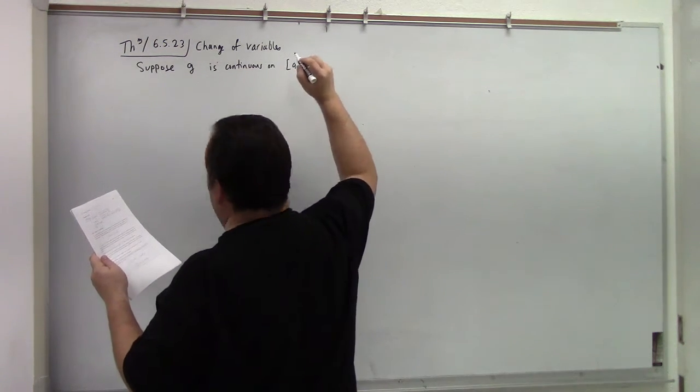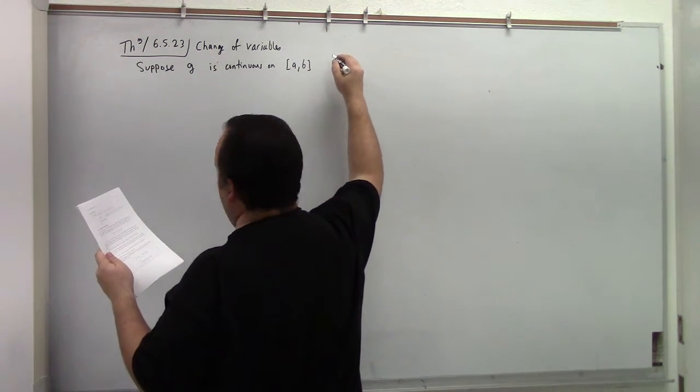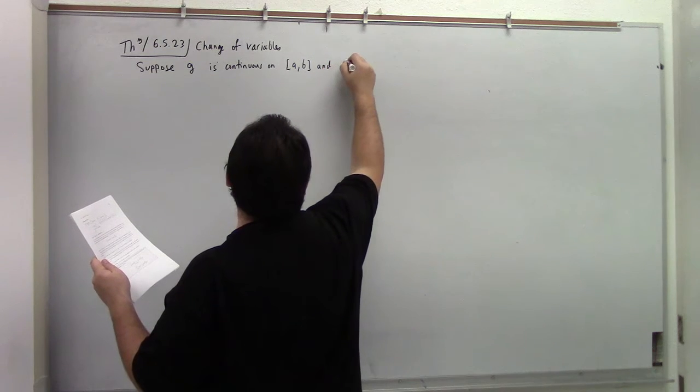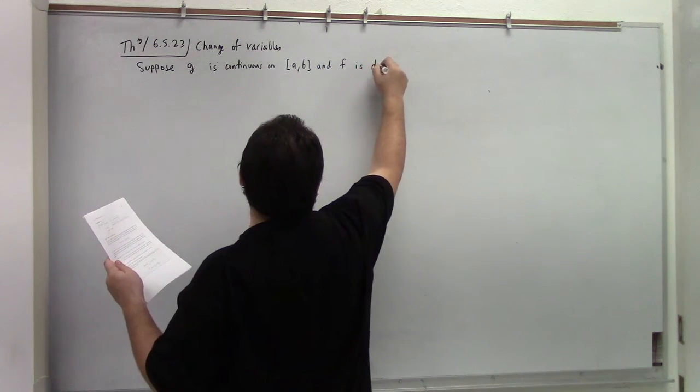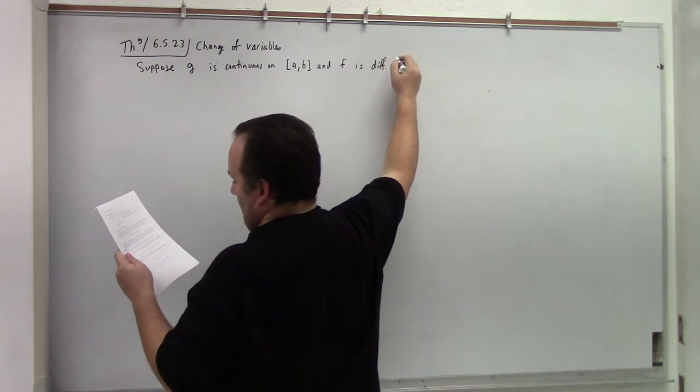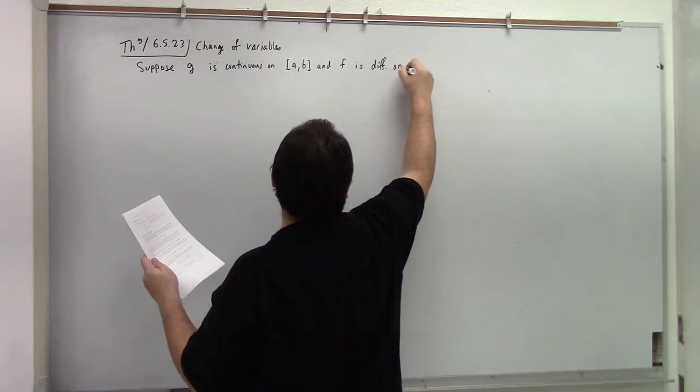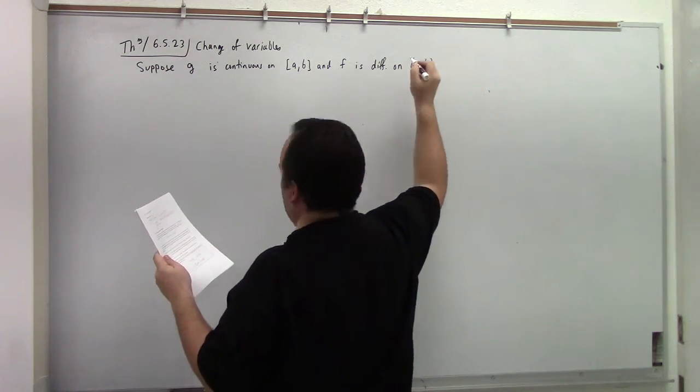I'm just going to state it like this: with f is differentiable on the open interval (a, b). I think I've got a typo in the notes right there.